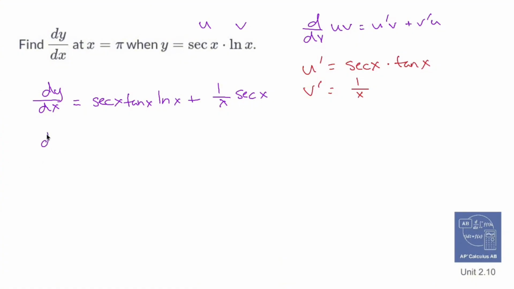Okay, so dy dx is going to equal that. So let me actually erase that. I don't really need to simplify anything. There's nothing in here that needs to be simplified. There's nothing we could do. It's just now what we have to do is plug in pi.